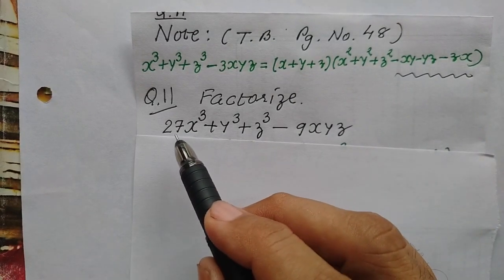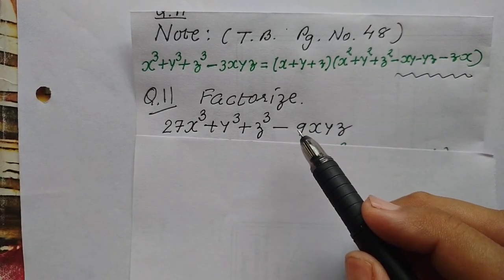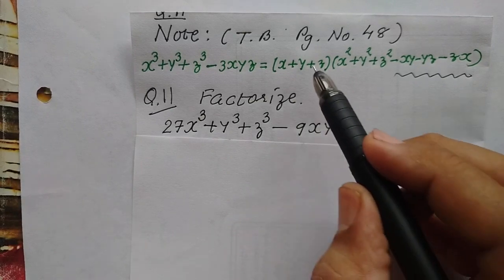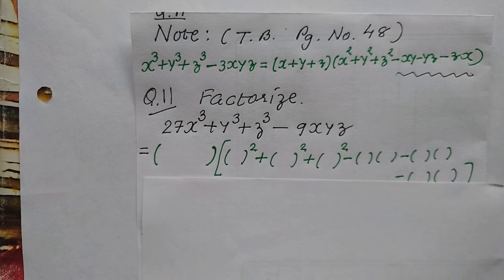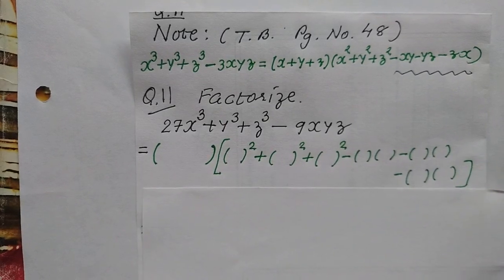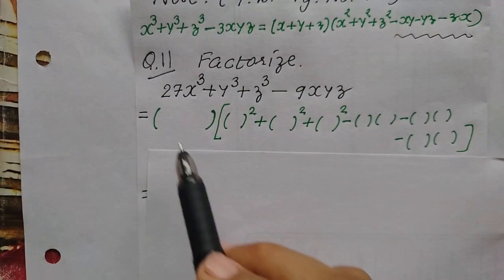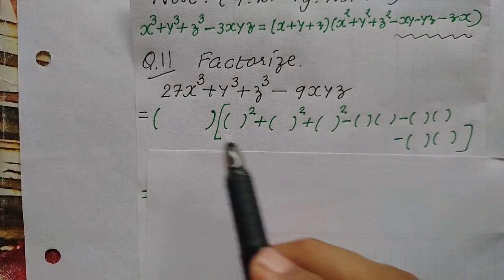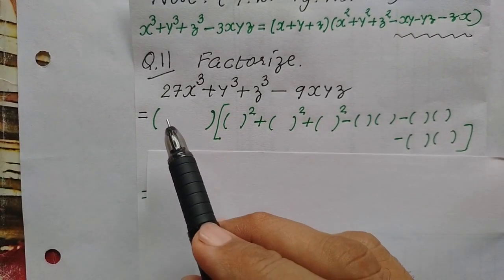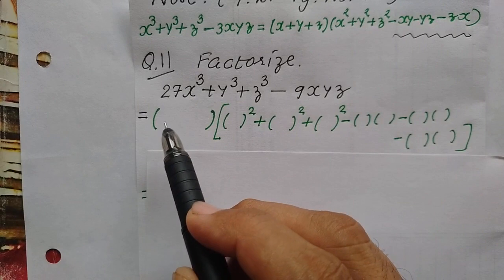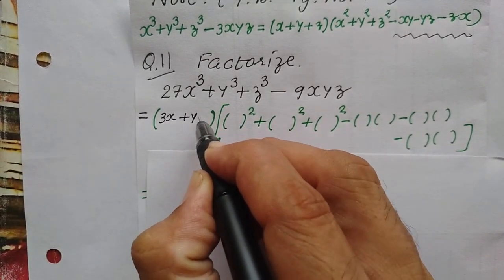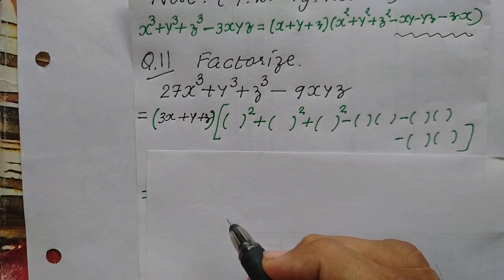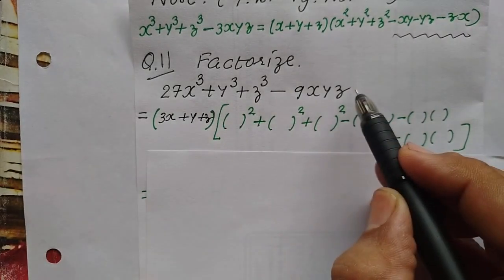So the first step is, from here, we convert this into this form. Means our usual formation, you know that we have to do this way, children. Okay, filling the blanks. Now fill blanks means brackets. So we will write down the cube root of this, that is 3x plus y plus z. Now children, don't see this part.